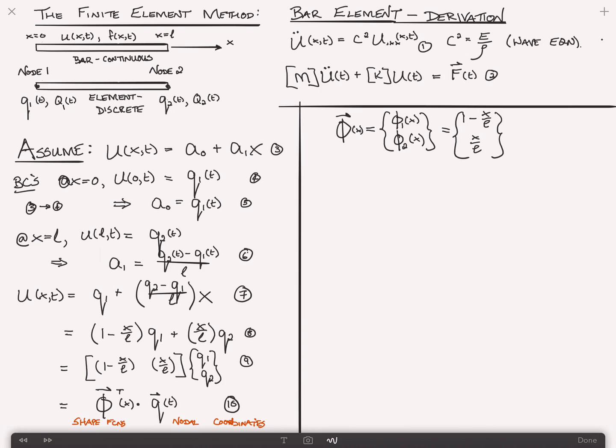All right. Let me also do a bit of math here, because I've got the foresight that we're going to need this. From equation 10, and I'm going to drop the x and t dependency just for shorthand, we've written u equals phi transpose times q.